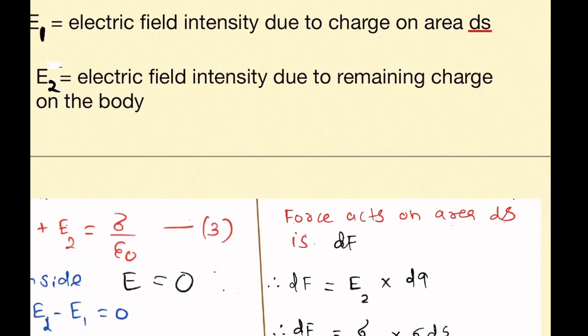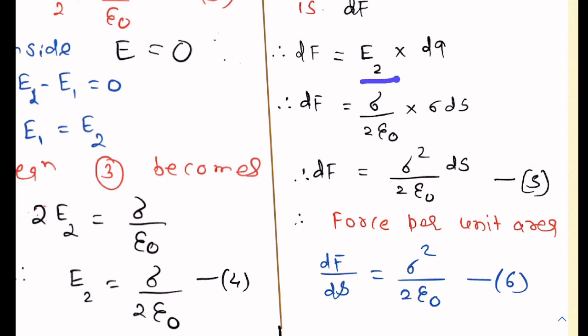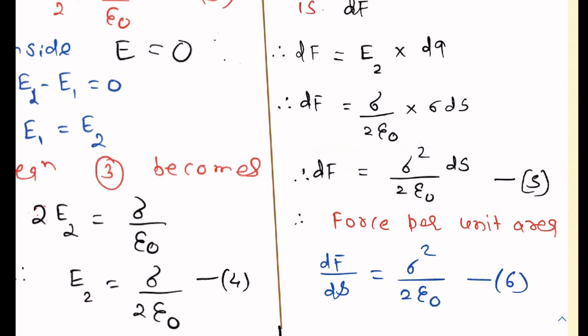Therefore, force acting on area ds is dF, F equals again QE. Then Q is the charge on area ds, dq equals sigma ds, and E is due to remaining charge, sigma by 2 epsilon naught. Therefore, small force dF acting on the area ds is sigma square by 2 epsilon 0 into ds.